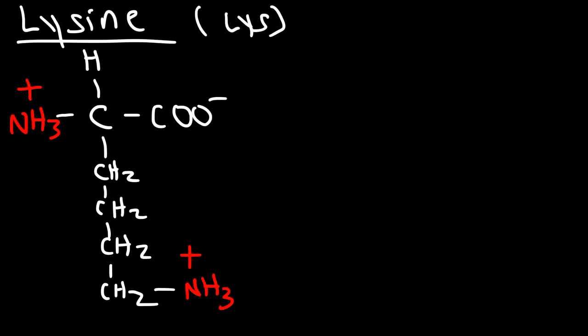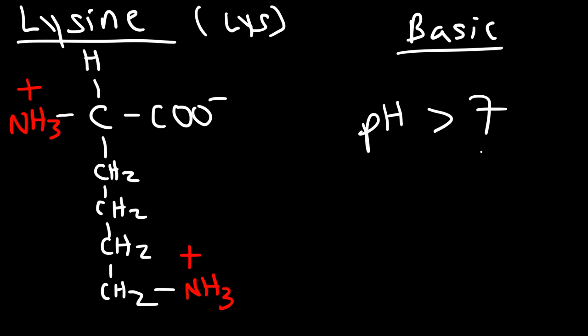So when you see an amine in the side chain of the amino acid, this is known as a basic amino acid. So if you were to put this amino acid in a solution, the pH will be above 7. If you were to put an acidic amino acid in water, the pH will drop below 7 because it's acidic.